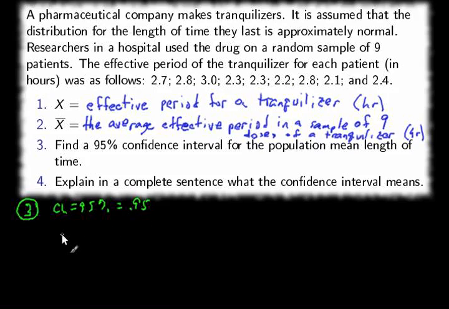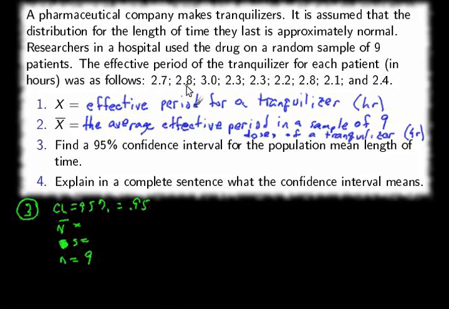It's also going to want the point estimate, the sample mean, and the sample standard deviation, and the sample size, which is 9. However, the paragraph doesn't tell us the sample mean and sample standard deviation, so that means it's our job to go find them. And we'll do that.